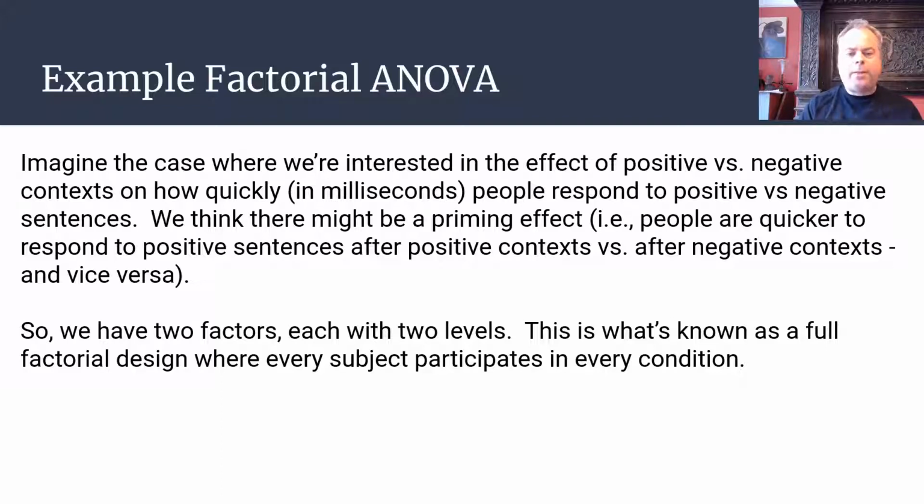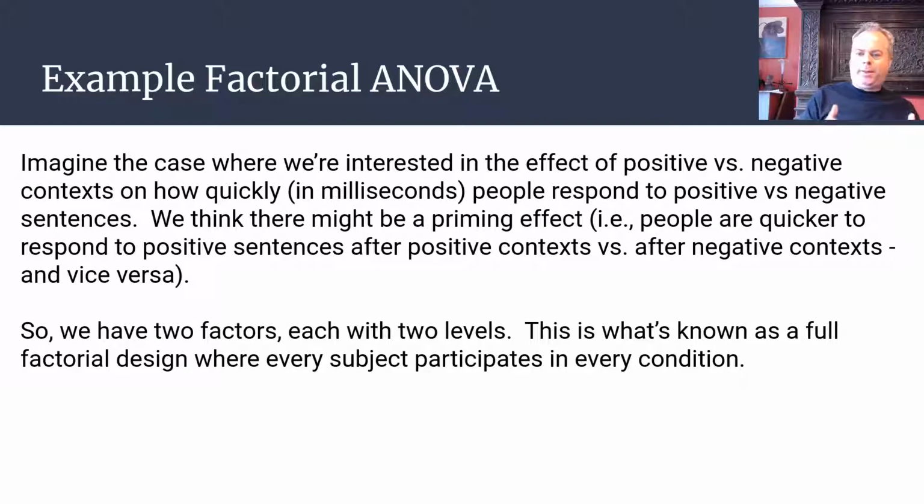So we might think there's a bit of a priming effect going on, where people might be quicker to respond to positive sentences after just seeing a positive context relative to after seeing a negative context. And additionally, people might also be quicker to respond to negative sentences after seeing a negative context relative to after seeing a positive context. Okay, so this is fairly standard priming sort of paradigm.